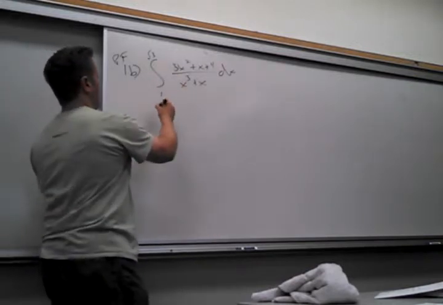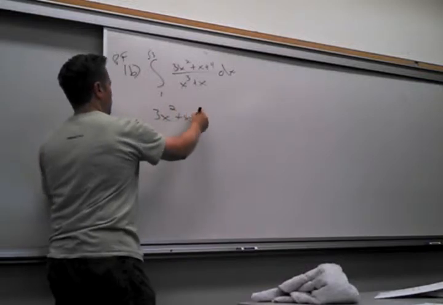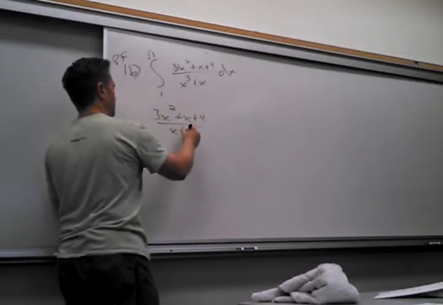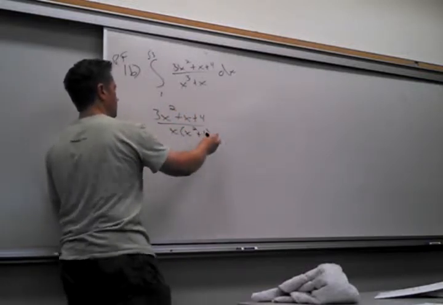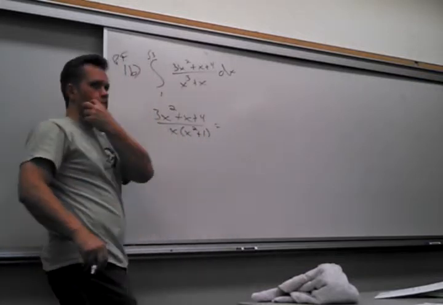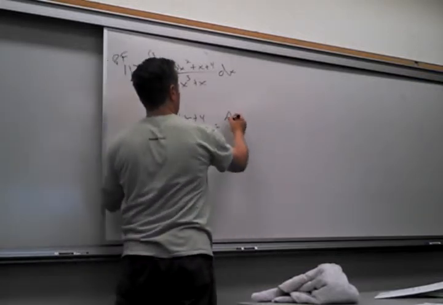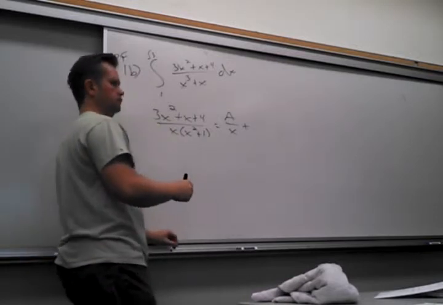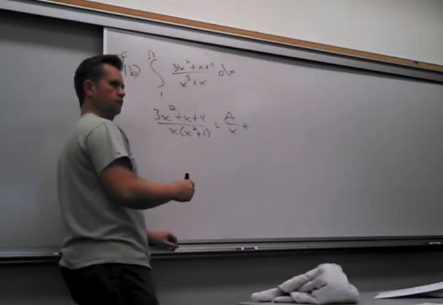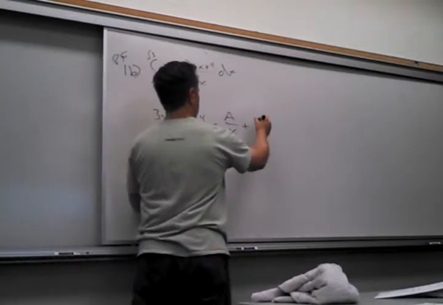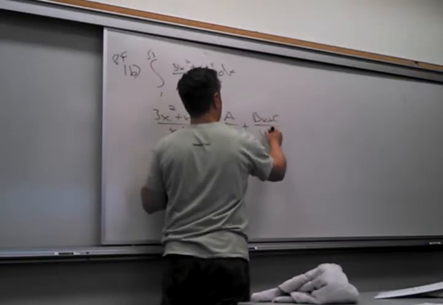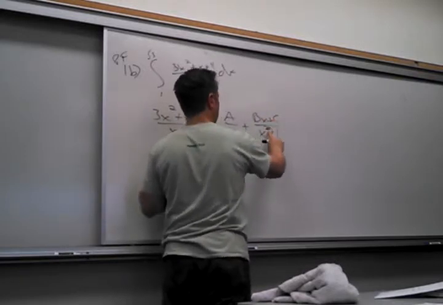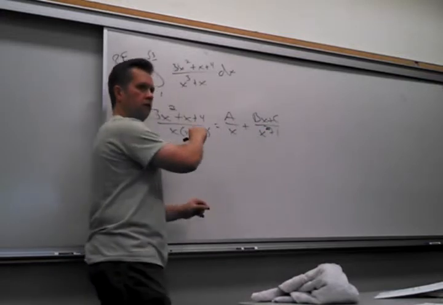So, do we remember how to do partial fractions? Yes. Break up the bottom and then equate the coefficients. It's going to be A over x plus Bx plus C over x squared plus 1. Yeah, close. This bottom is truly second degree. It's not just a repeat.